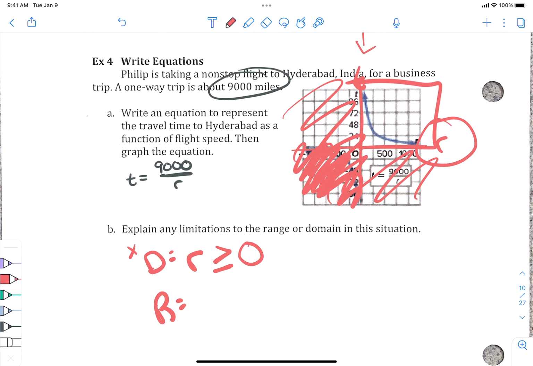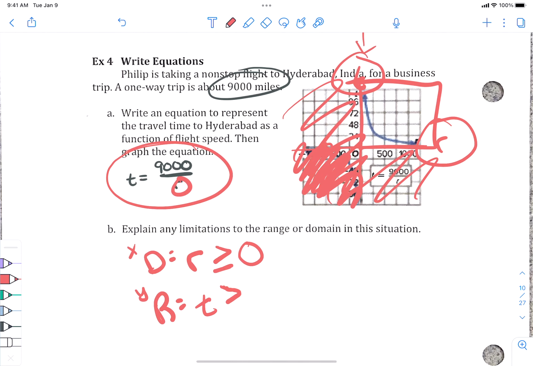Range is the y coordinates, and the y is represented as time. So time is going to be also greater than, not equal to. Can it be equal to 0? Actually, the way that they've written the equation here, we can't have it equal to 0, because we would be plugging 0 into the bottom.